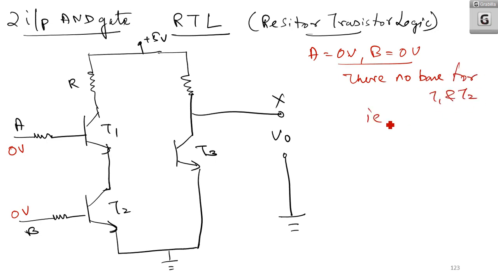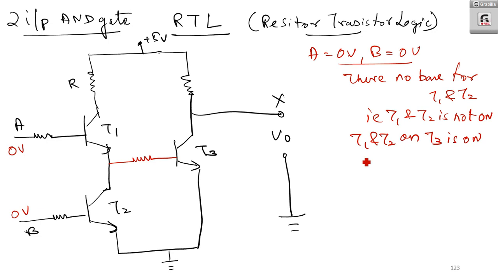That means T1 and T2 are not on. If T1 and T2 are not on, then T3 is also not on. So you will get V0 as 0 volt.